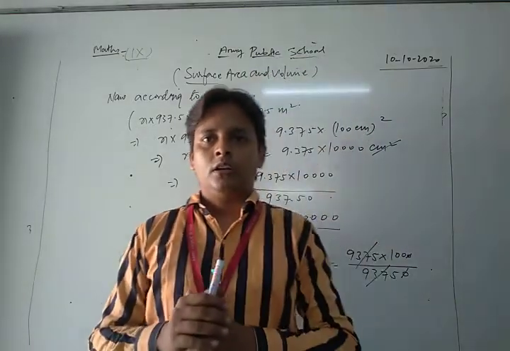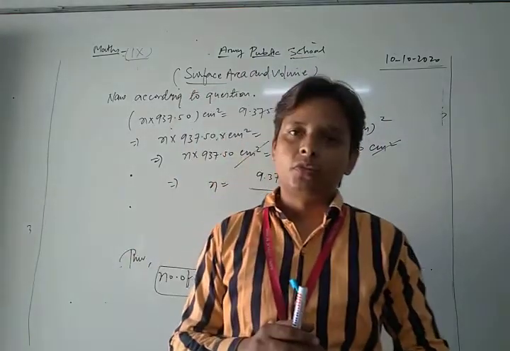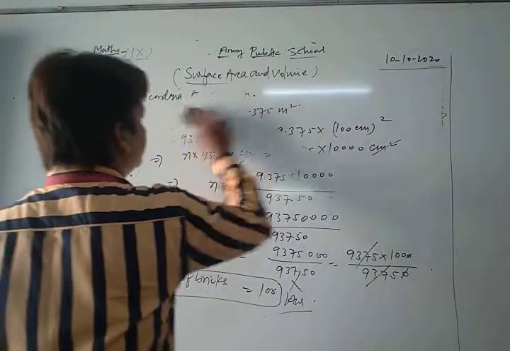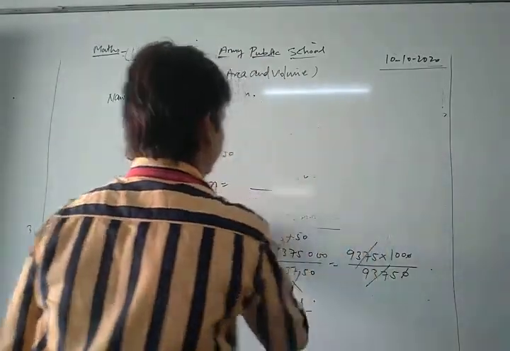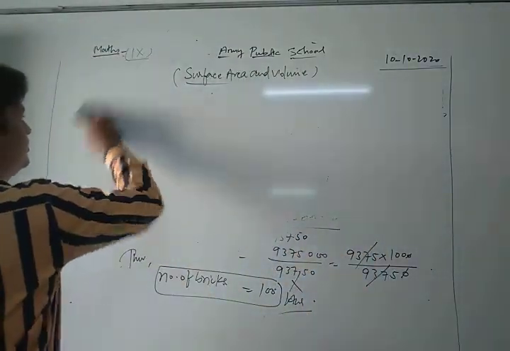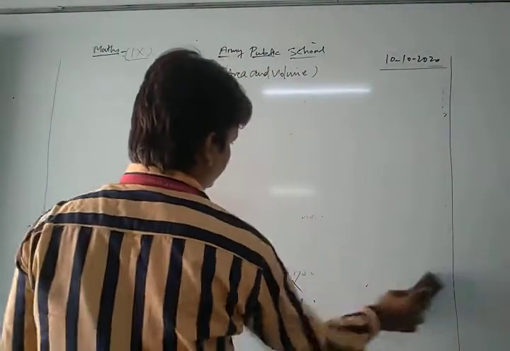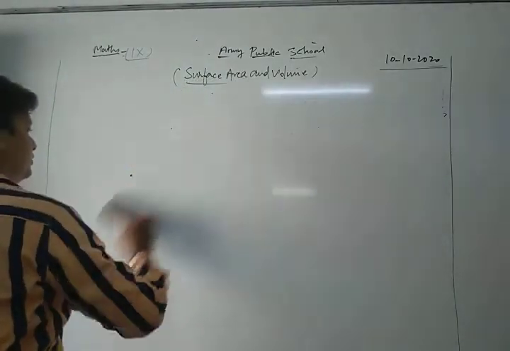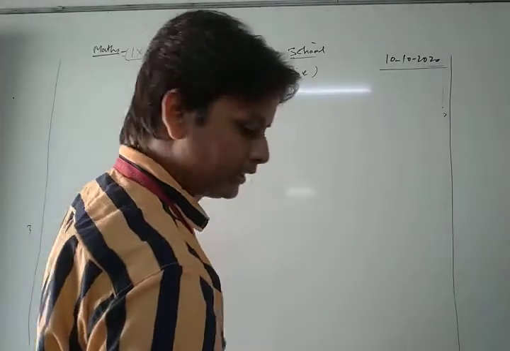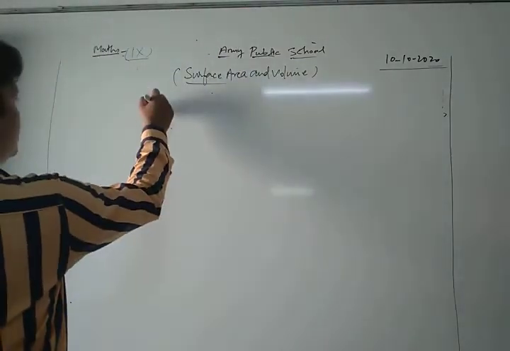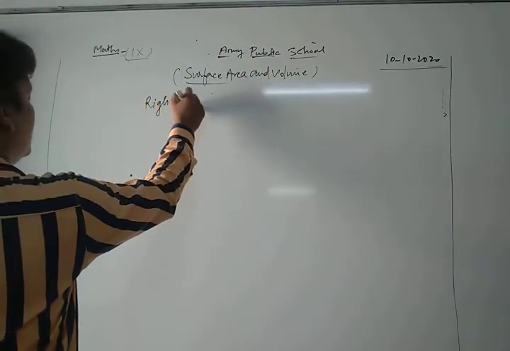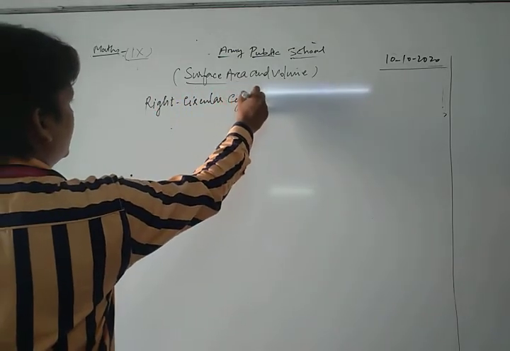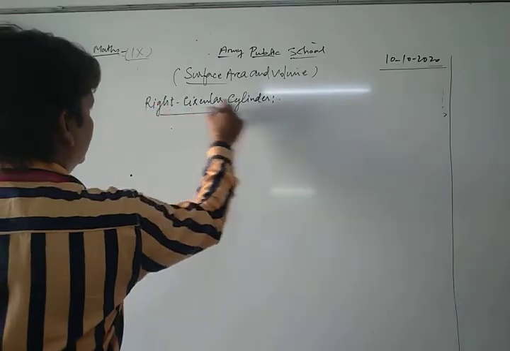Now dear students, we take the next topic of this chapter, which is the cylinder, the right circular cylinder. Let's see. Now we discuss the right circular cylinder.